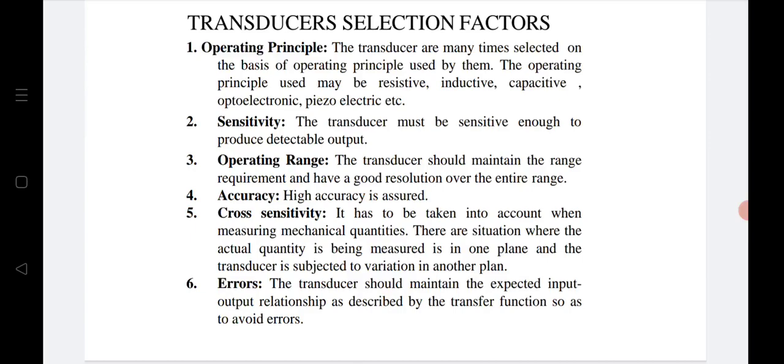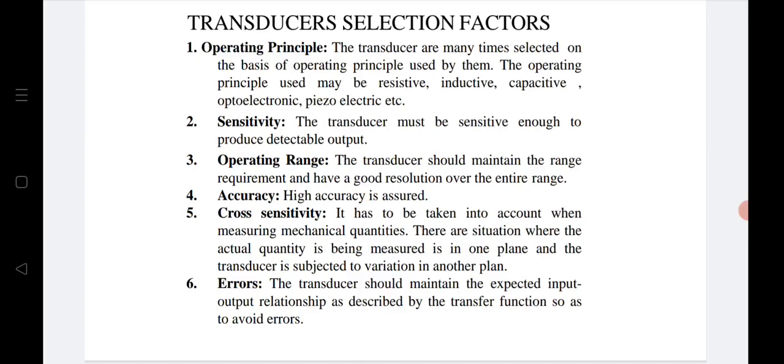So from one plane to another, the transducer gives different readings. I need to have cross sensitivity. If I change my plane of measurement, that is, the area or atmospheric condition, the transducer should not be sensitive to that, and it should generate correct results. It is one of the very important factors in transducer selection.